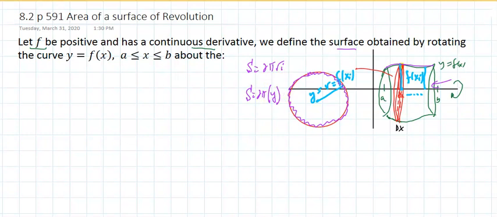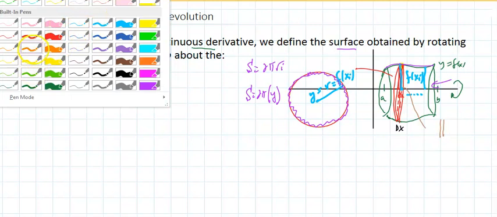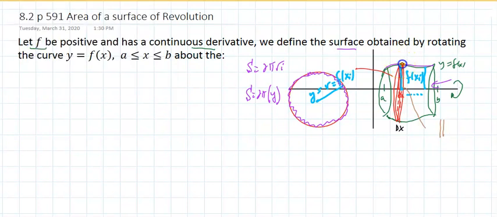Now, one catch that comes up, no matter how thin that is, if I look at the top, do we see that? That's a horrible sketch. No matter how thin that is, if I look at this top, do you see that that's an arc?